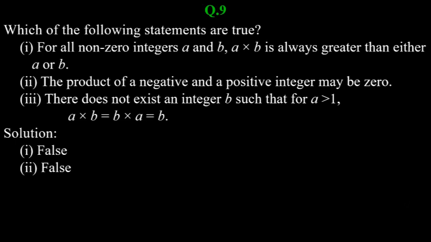Samarth, 5 into 6 will be 30, not 6. Ashrit, correct. Give me an example. Arush is still not correct because 2 into 3 minus 3 will give you minus 6, not minus 3, which is B. That's why I am asking you to tell me the example.